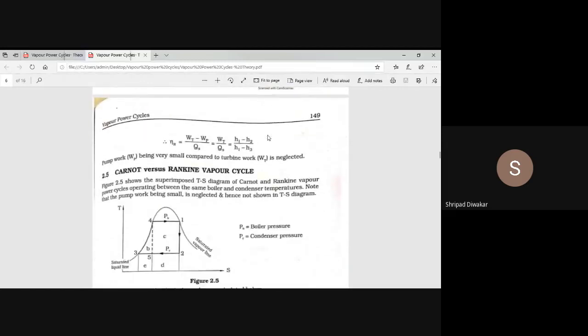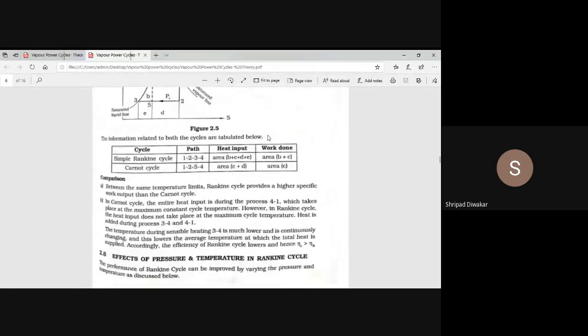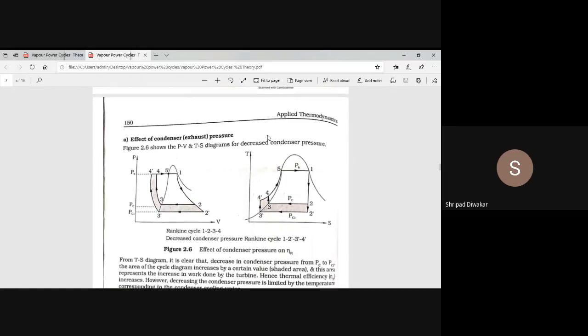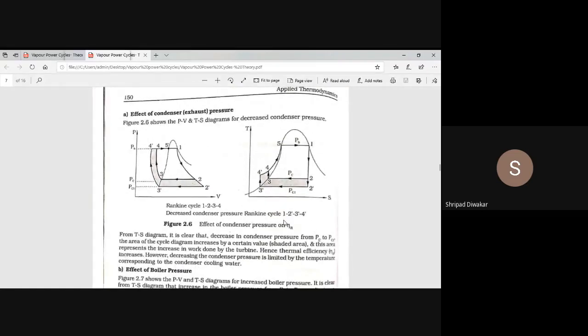This is one of the major portions in the vapor power cycle. Every time they used to ask about this part: the effect of pressure and temperature in the Rankine cycle. First one, condenser pressure. In the Rankine cycle, two pressures come into the picture, as we have two parts, basically boiler and condenser.